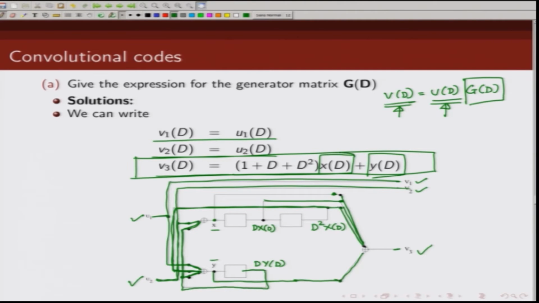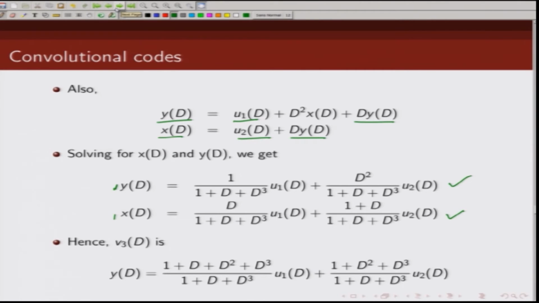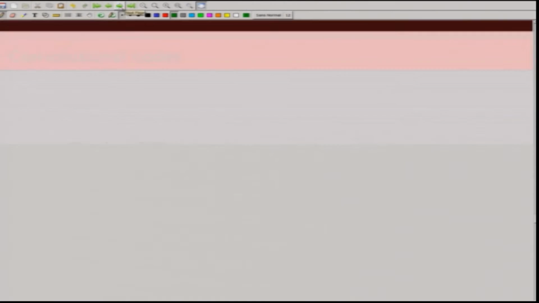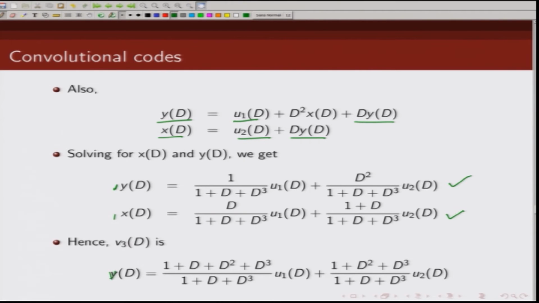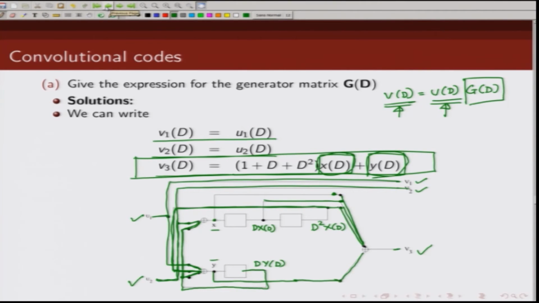If we do that, we will get the expression of v3 of d. Okay. So, what we get is v3 of d is this times u1d plus this times u2 of d. So, now we are in a position to write the generator matrix.